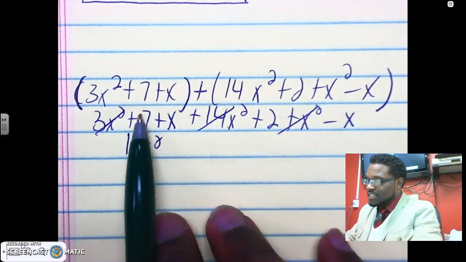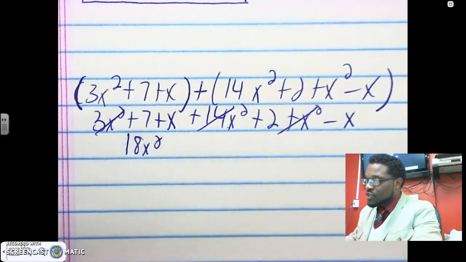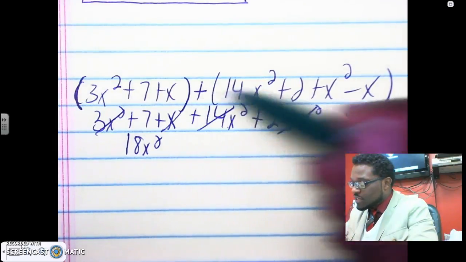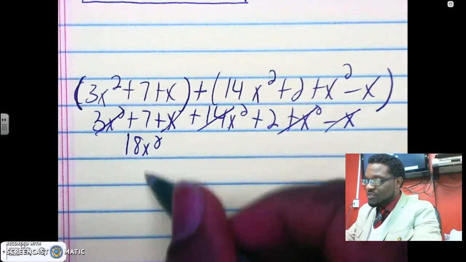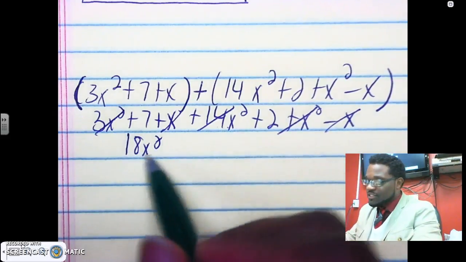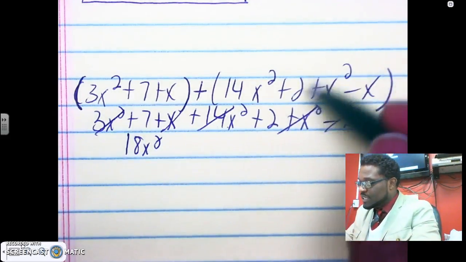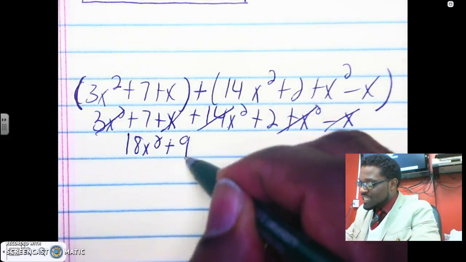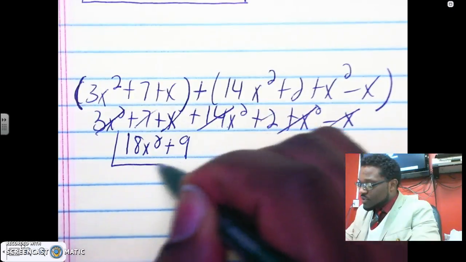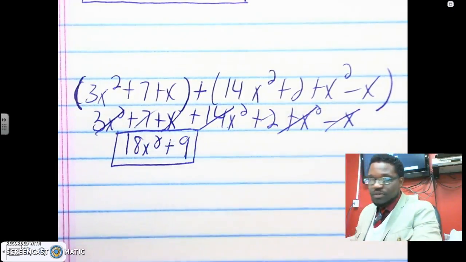Should I do the constants, the numbers without any variables? No, I should go to x to the first power. So I have x minus x. What's x minus x? It's 0. I don't have to write 0 if there's something else. I already have an 18x squared there, so I don't have to write plus or minus 0. Next I have 7 plus 2, which is 9. And so that simplifies down to 18x squared plus 9.